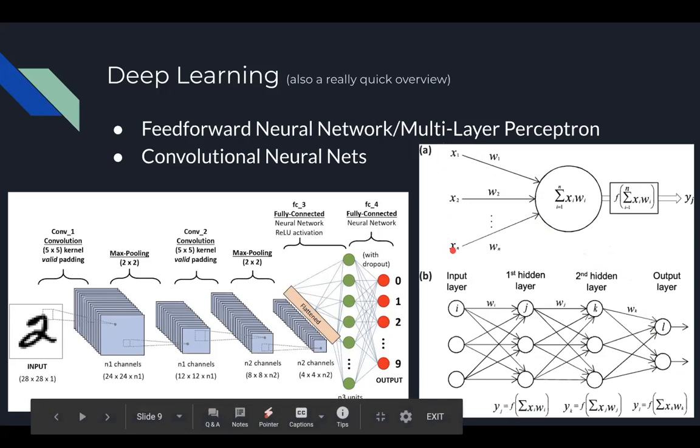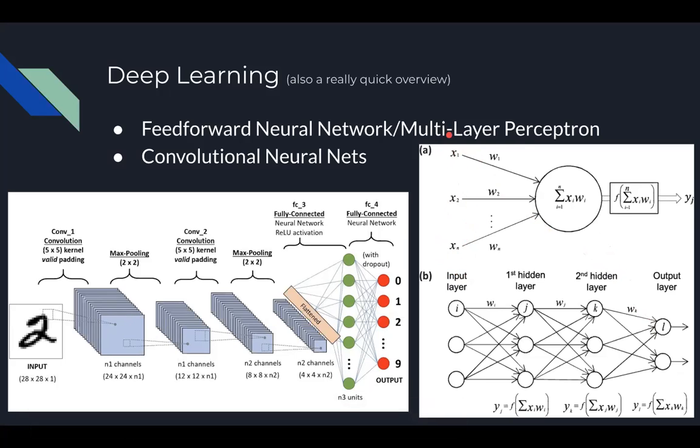You feed in these data points, n data points, n dimensional, right? And each of these data points gets paired with a weight vector. This weight vector is basically a list of parameters that we learn over time. Right now, what we do is take the dot product between this input vector and this weight vector, which is the same thing as multiplying each of the weights with each of the inputs and then summing them all together.